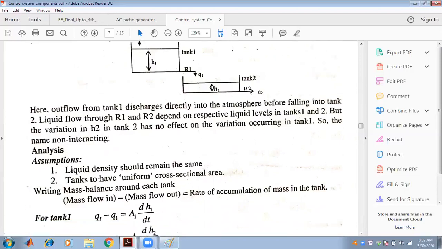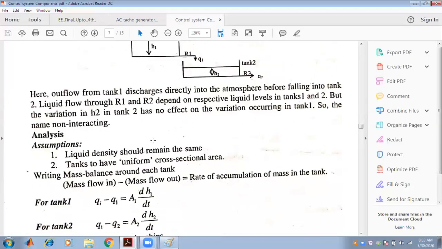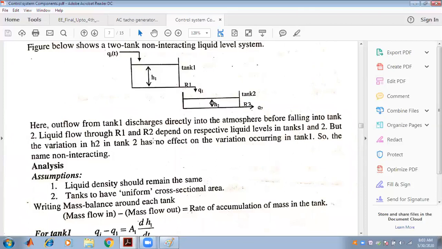The assumption is that the liquid density remains the same in the two tanks, and the tanks have a uniform cross-sectional area. Writing the mass balance around each tank: mass flow in minus mass flow out equals the rate of accumulation of mass in the tank.